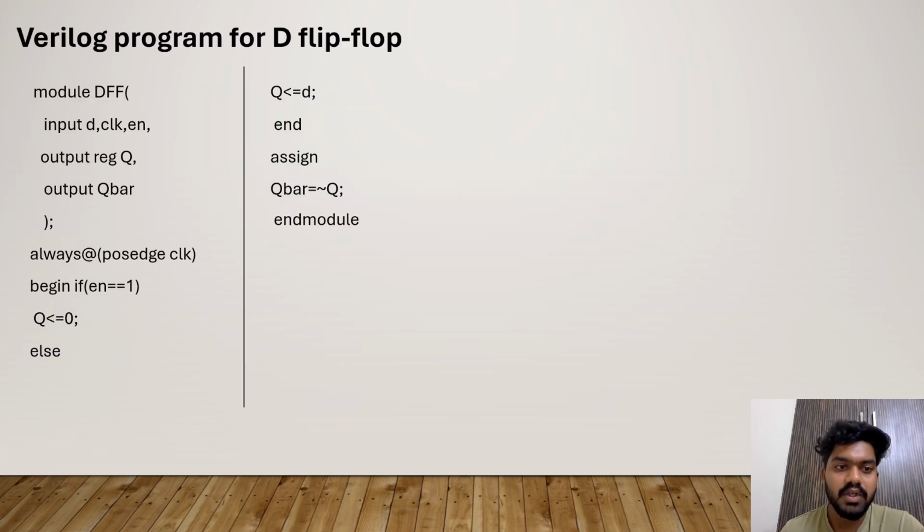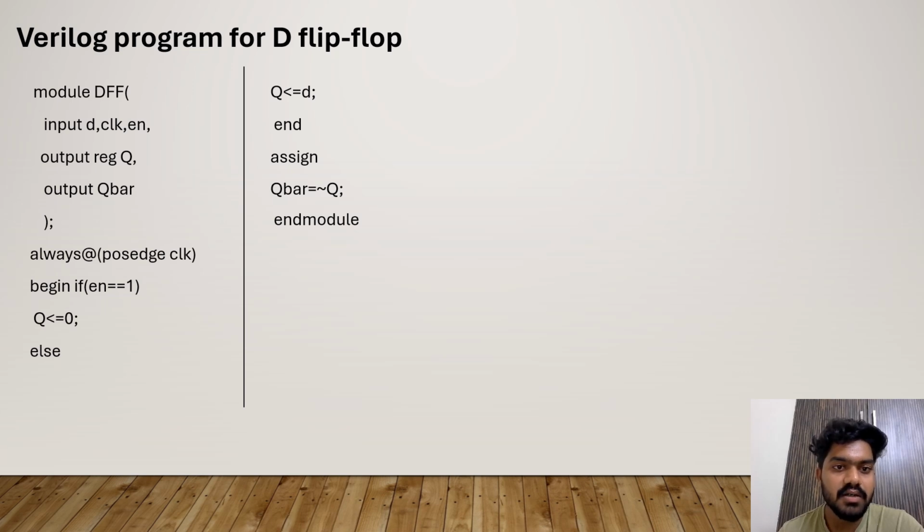And we'll come to designing the Verilog program for the D flip-flop, and here DFF means D flip-flop, the module name, and inputs are D, CLK and EN, where CLK means clock signal and EN means enable signal, as we discussed before. And the same register Q output, that will be storing the output, and Q bar will be assigned at the end.